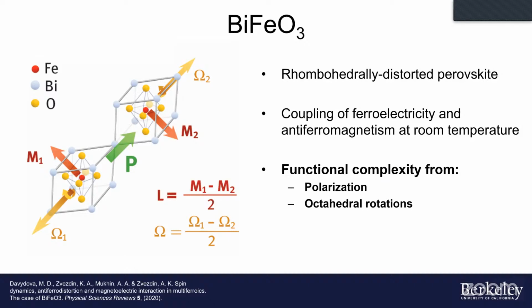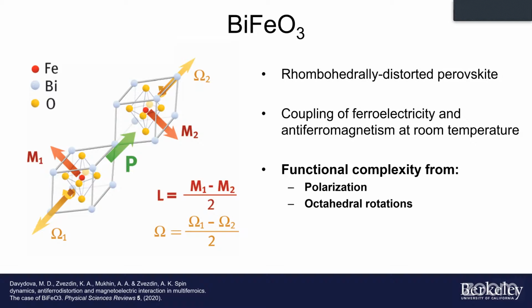BFO has what we like to call the pepper grinder mode, which, if you imagine your polarization is up-down, and you think about the FeO6 octahedra, so this one right here and this one right here, they're anti-rotated with respect to each other, like a pepper grinder, right? This coupling is actually what allows the magnetization to be switched with polarization.